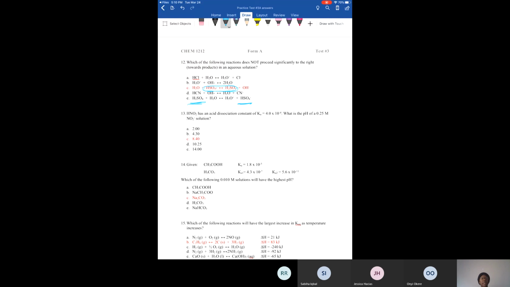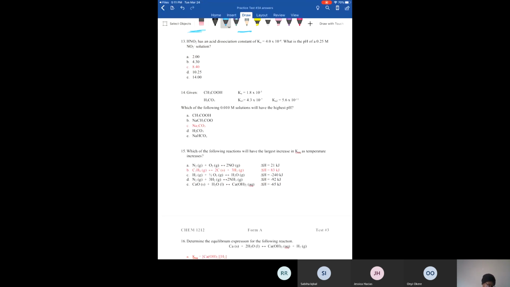It wants to donate its H. It doesn't want the H, if that makes sense. So that's why C is correct. I'm not sure if you guys went over Ka values or how intuitive it is for you guys to know this. I'm not sure if you really went over this in class.